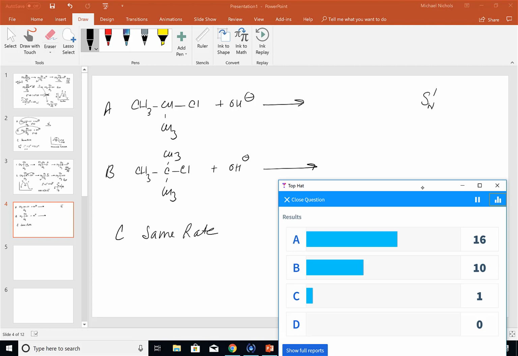One of the parts of the discussion is that because it's only a secondary carbocation, it would have a higher reactivity in the second step. I think that it would go faster because it really wants to get the nucleophile onto it.